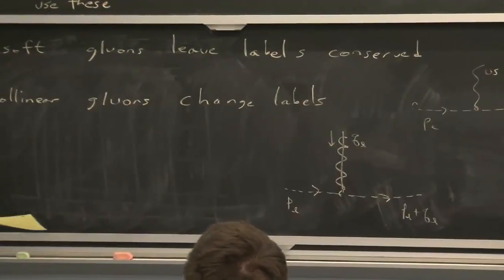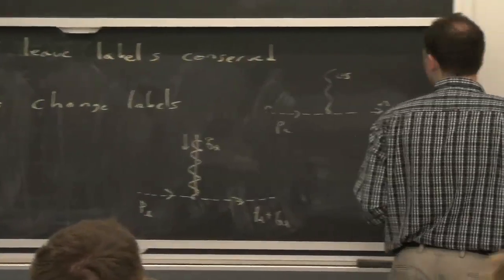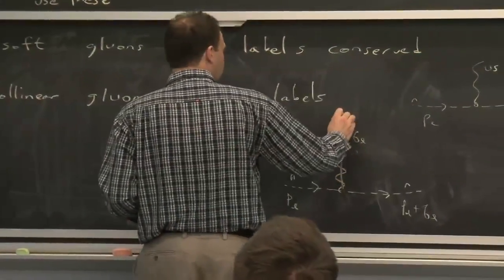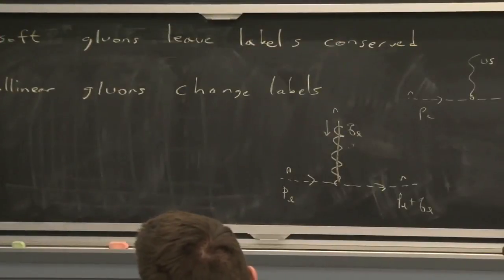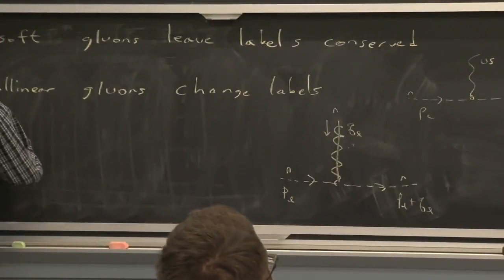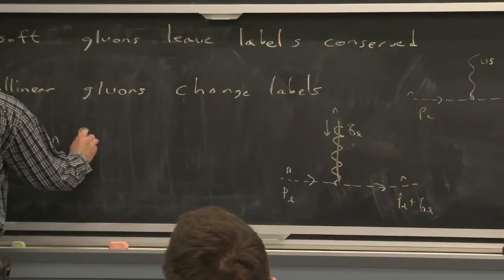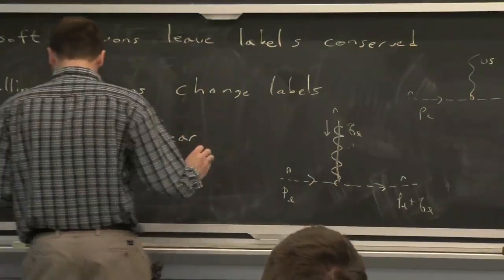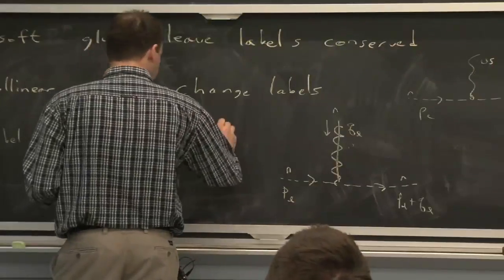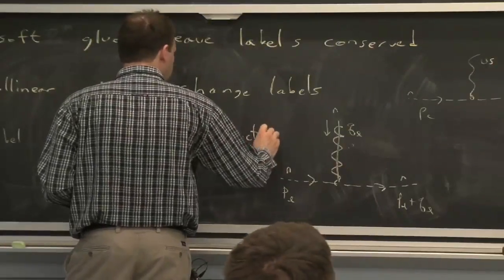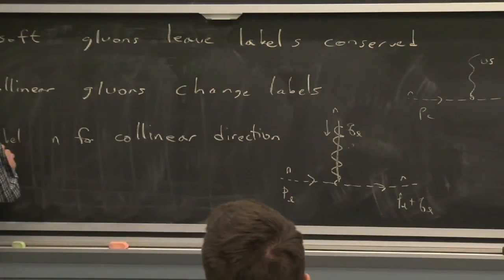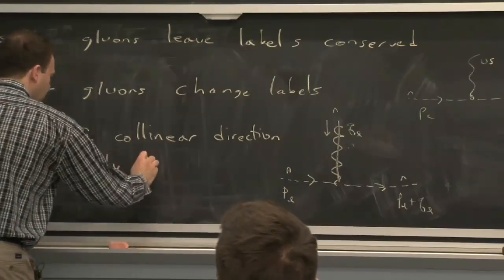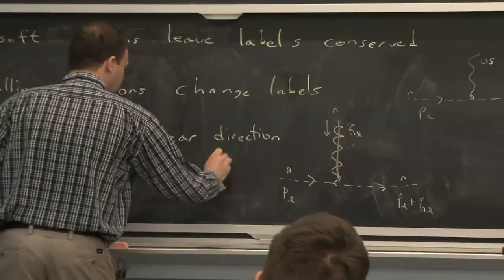There's one more label, and that's this N, right? We also label these guys by a direction. And that is unchanged also by the collinear interactions. So it's preserved by both ultrasoft and collinear interactions.